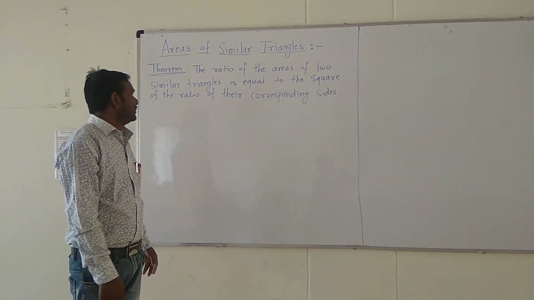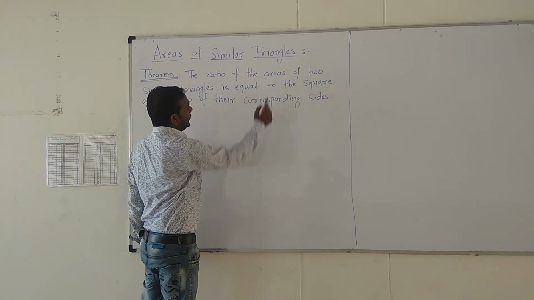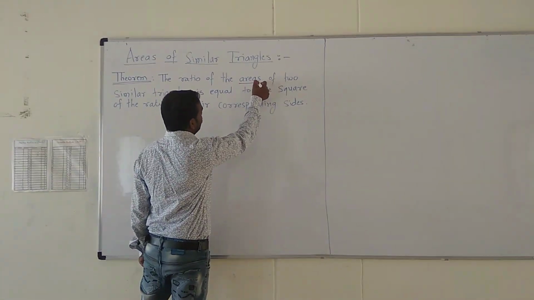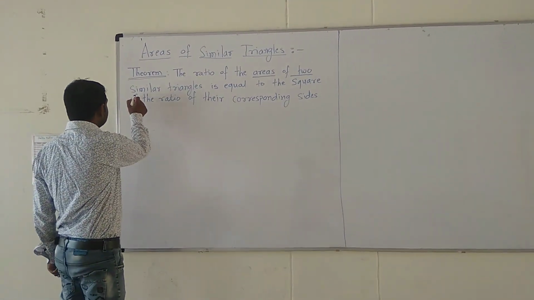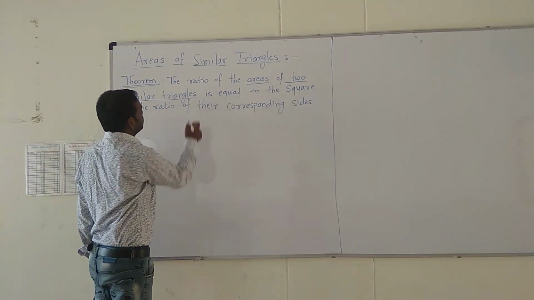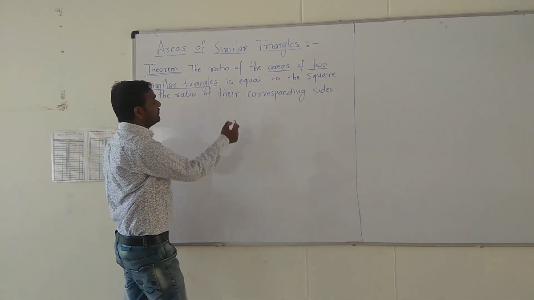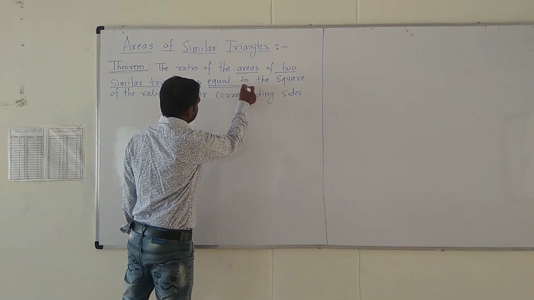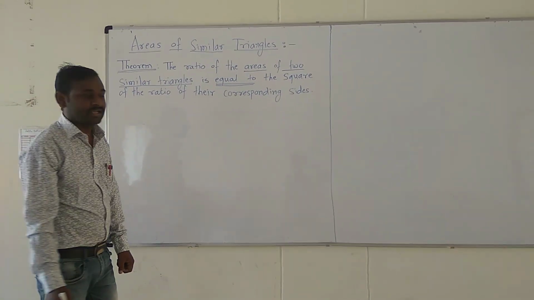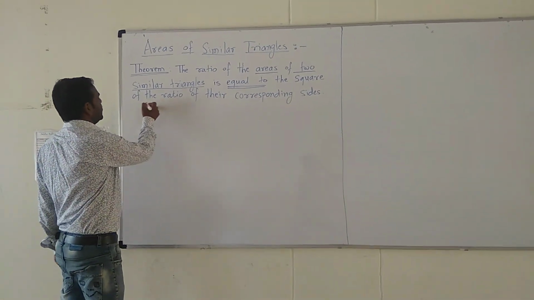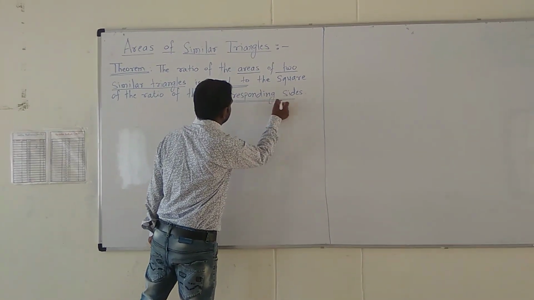The theorem is: the ratio of the areas of two similar triangles is equal to the square of the ratio of their corresponding sides.